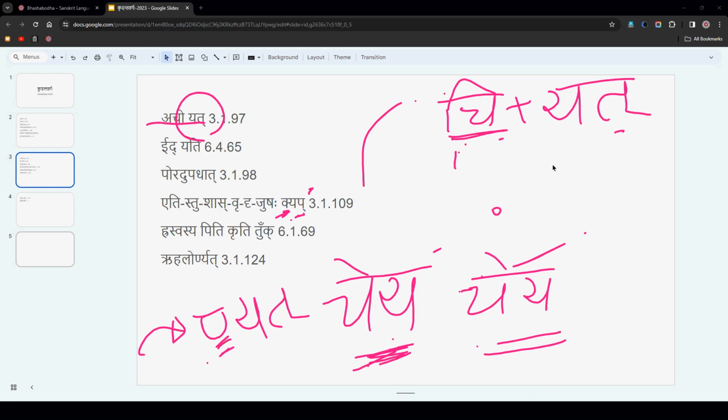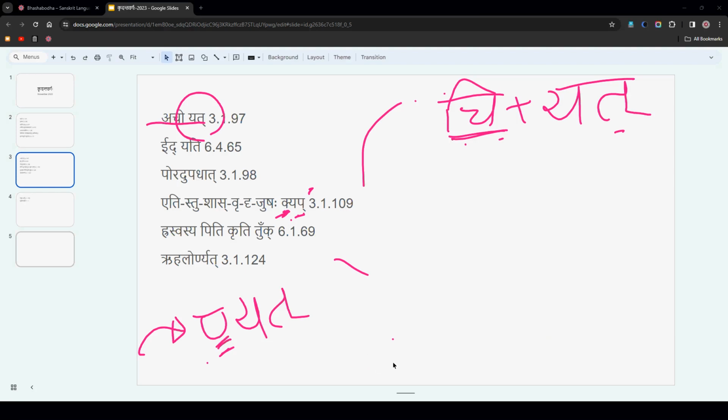The dhatu is chi. Right? So in chi, the ending letter is i, which is a swara. The ending letter of the dhatu is i.